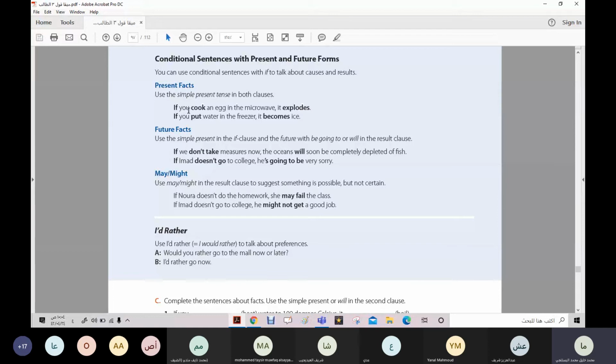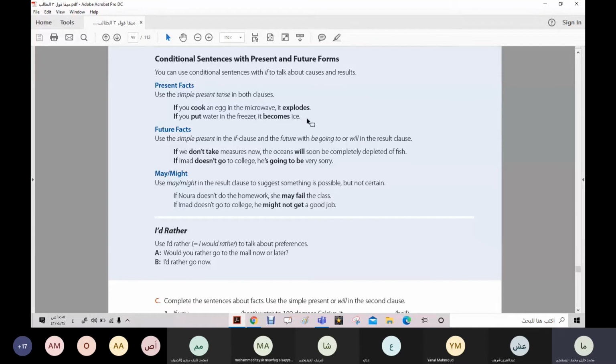Look at the example. If you cook an egg in the microwave, it explodes. The second clause here is a fact. If you put water in the freezer, what will happen? Sure, it becomes ice. Is it clear? So we use simple present with the results.